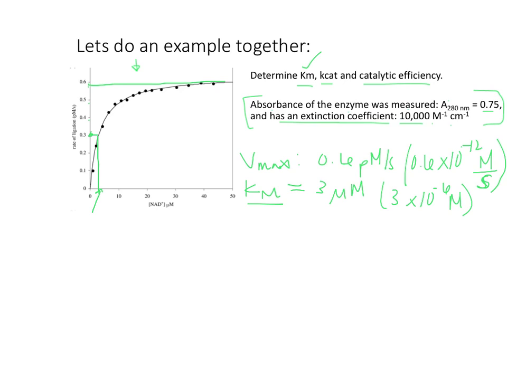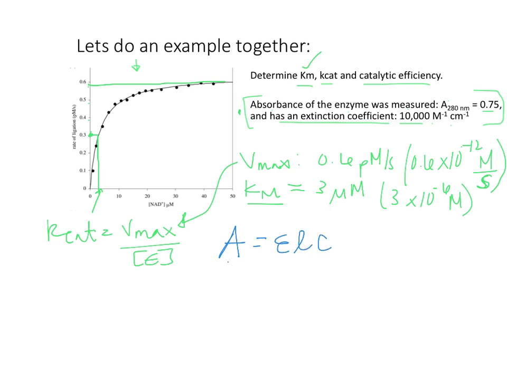And then my kcat, one of the equations that you need to have memorized is Vmax over enzyme concentration. Now I have Vmax, so this is the Vmax that will go here. Now E, I've given you cryptic information on how to find E. This information requires you to remember our good friend Beer-Lambert's law.